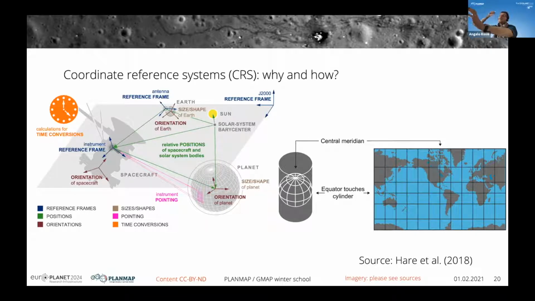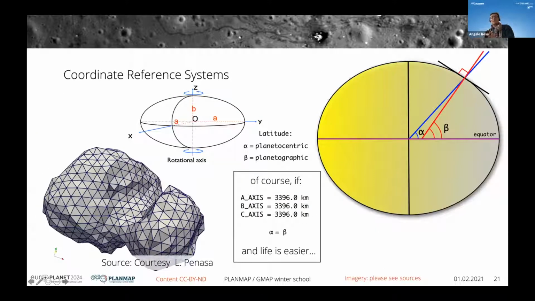Then I start orbiting, and it doesn't make sense to use the same reference frame. So I have to use a certain Martian reference frame. Once I look at the surface, it doesn't make sense to use the center of the planet and the solid angle. It makes sense to use a map projection, like the one that you see on the right. This seems simple, it is not. And of course, many trade-offs need to be made. Also, when it comes to the shape of the body, once I orbit, it's not so obvious.